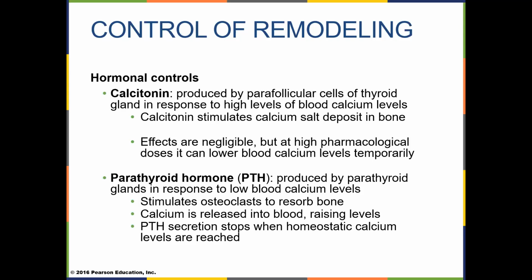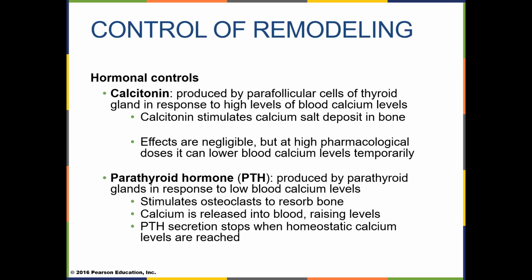So, okay, back to the hormones. Calcitonin. In our thyroid gland, the thyroid gland sits here in our neck. Let's see if I have a model. Oh, here we go. This is a thyroid gland.